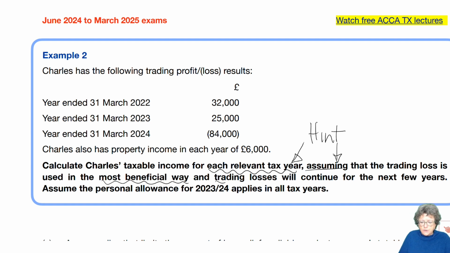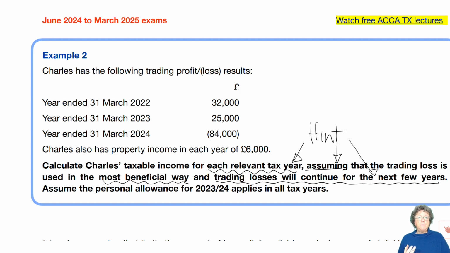That is also a hint. That's basically saying there's no point carrying it forward because we're going to make losses in the future. So that's telling you I'm going to have to do several years.